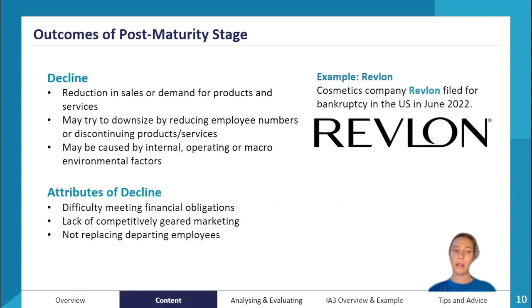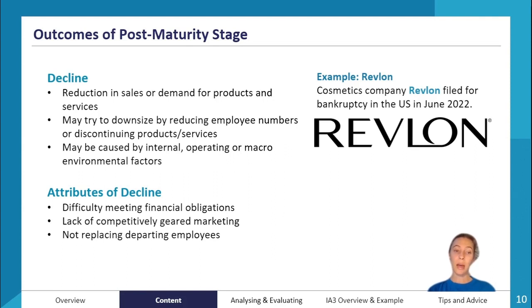Decline is where you're going to have a reduction in sales or demand for products and services. You may try to downsize by reducing employee numbers or not offering as many products or services. It can be caused by lots of different factors, which we'll have a look at shortly as well. When you're in decline, you're not going to have that steadiness in terms of revenue, so of course that means difficulty with meeting financial obligations.